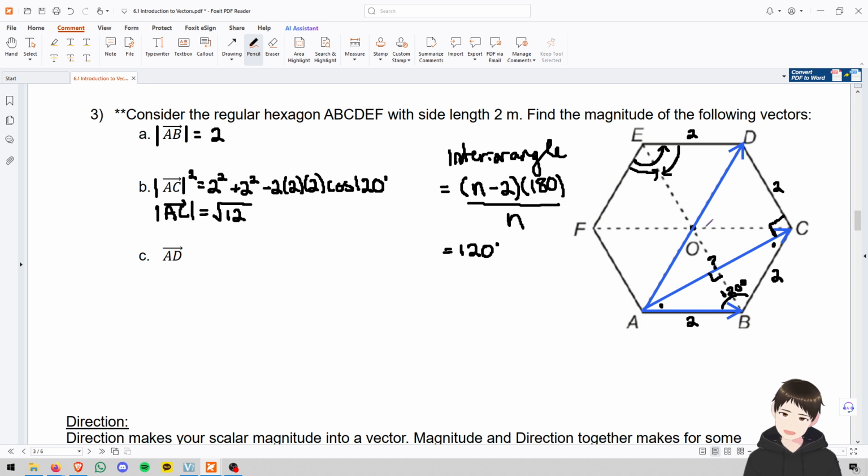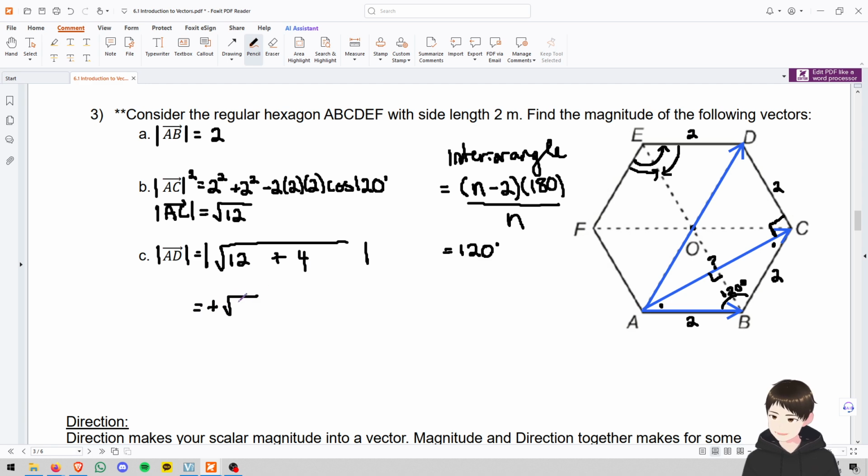Okay, so side AD is going to be, Pythagorean theorem, the square root of the distance of AC, which is root 12, so that's going to be squared as a 12, plus the distance of CD squared, that's going to be a 4. It is positive square root 16. Oh, perfect, which is a 4.